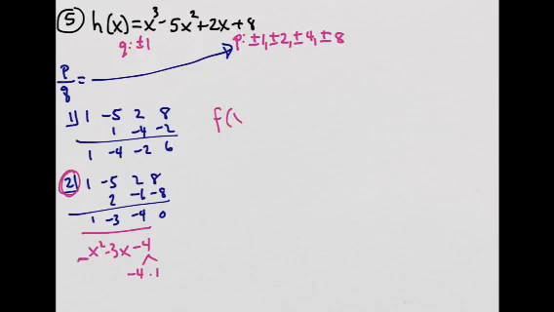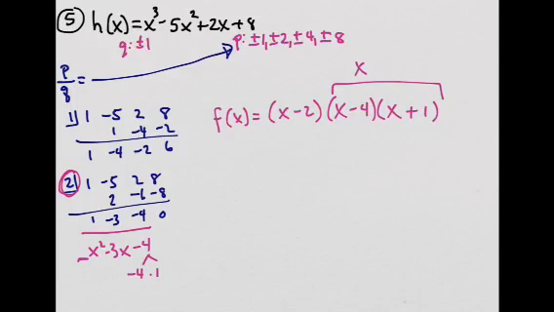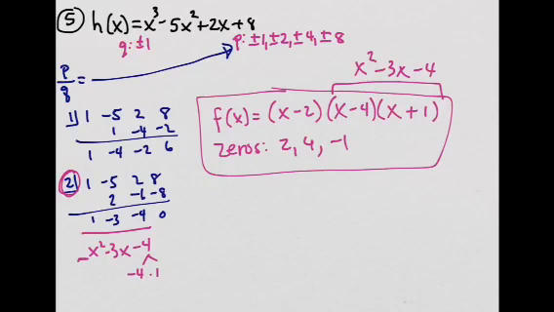So f of x equals x minus 2, and again, that comes from here, and then x minus 4 times x plus 1, and these two factors come from here. So the zeros are 2, 4, and negative 1, and that would be the final answer.